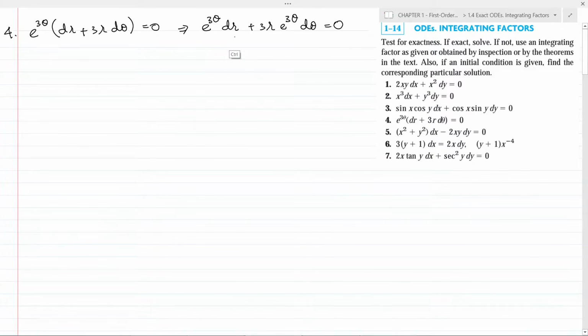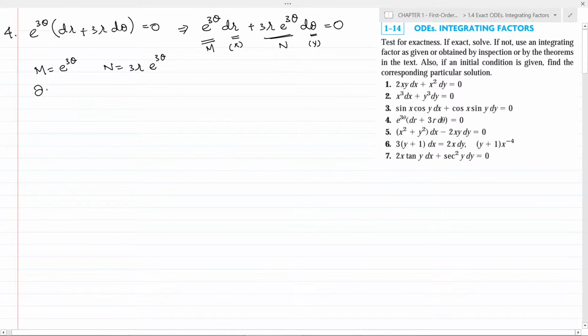Here let us take this r as the first variable, similar to x in our previous problems, and theta as the second variable, similar to y. So we have m equal to e to the power 3 theta and n equal to 3r e to the power 3 theta.